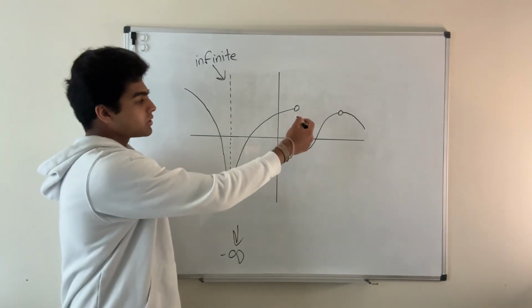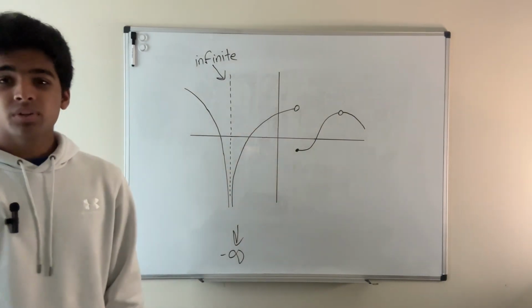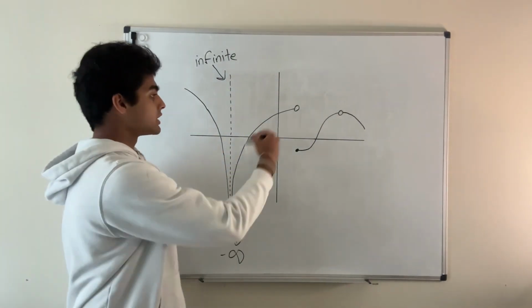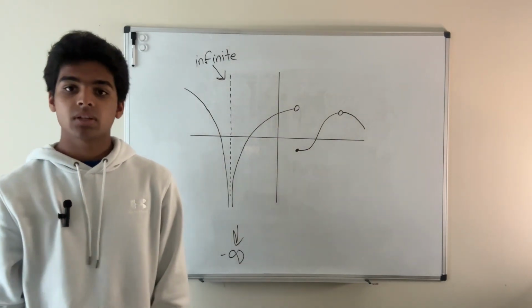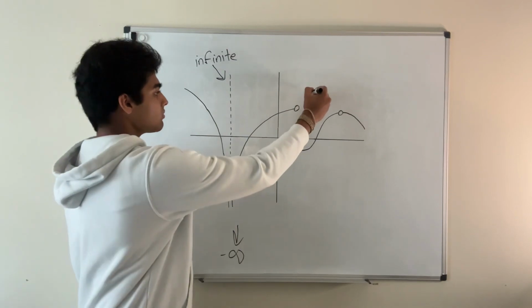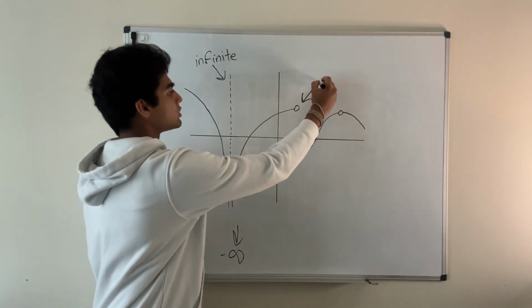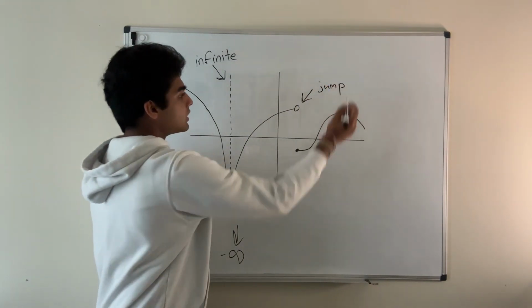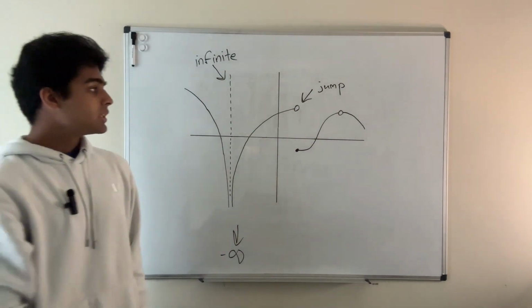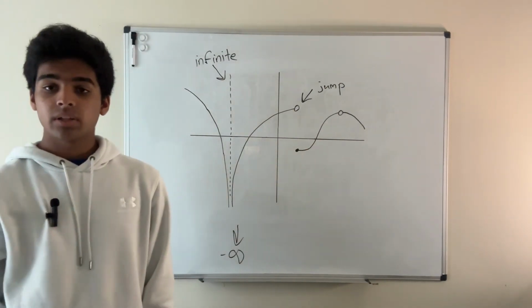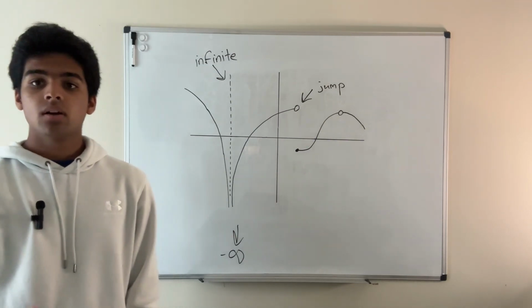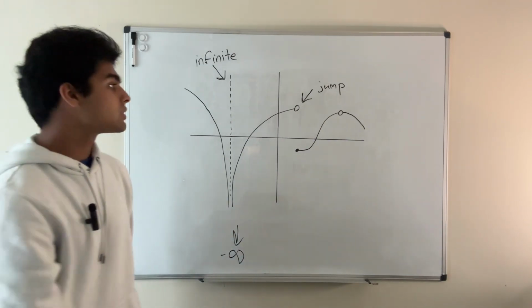The second discontinuity is right here. You can see that there's a jump from this part of the graph to this part. So that would be a jump discontinuity. And lastly, there is a hole right here in the graph. A hole in the graph represents the removable, or hole, discontinuity.